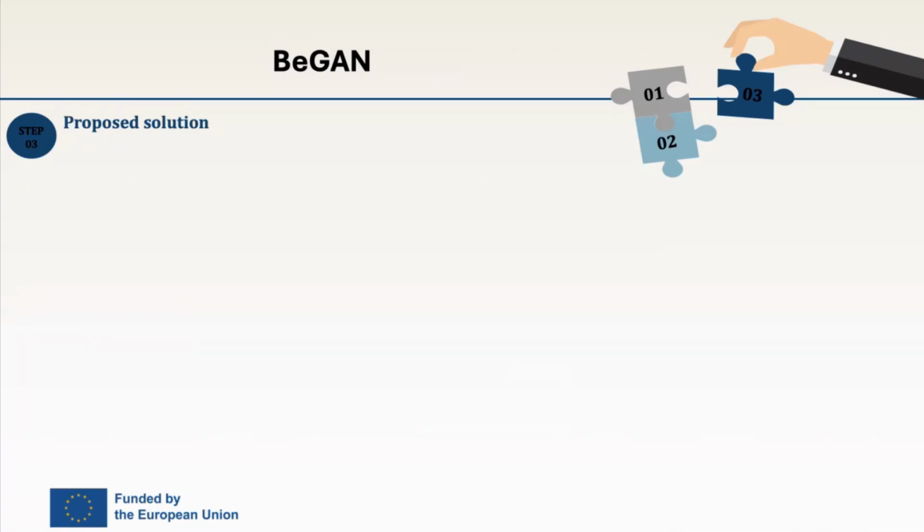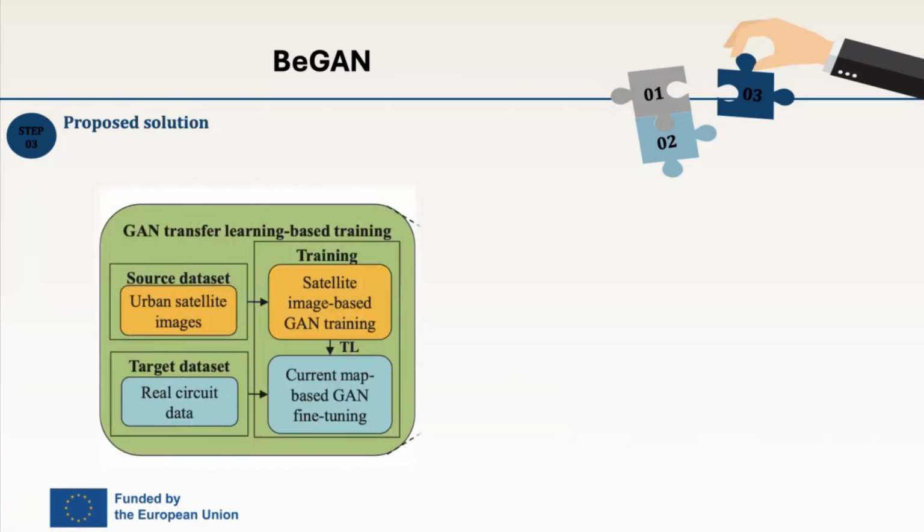Let's see in the next slide how this was done. In the training stage, they started with the source dataset of urban satellite images, the 4,000 images we mentioned before. Then they trained the GAN model.